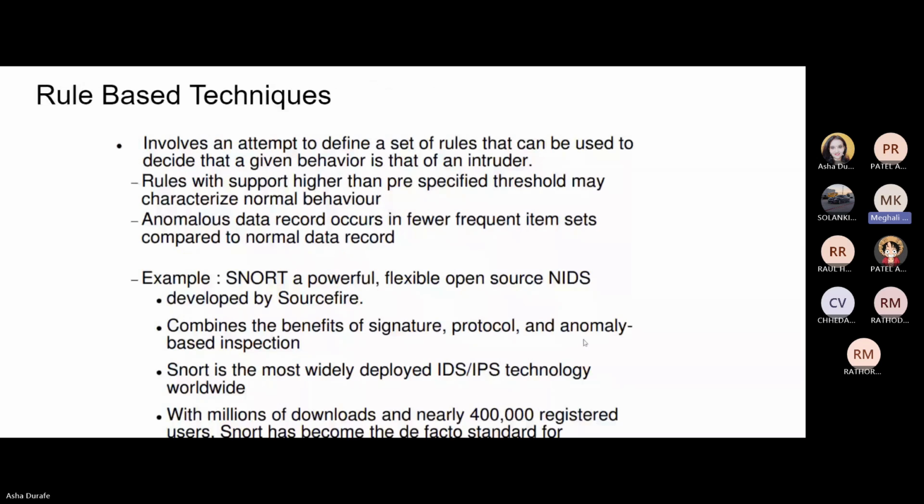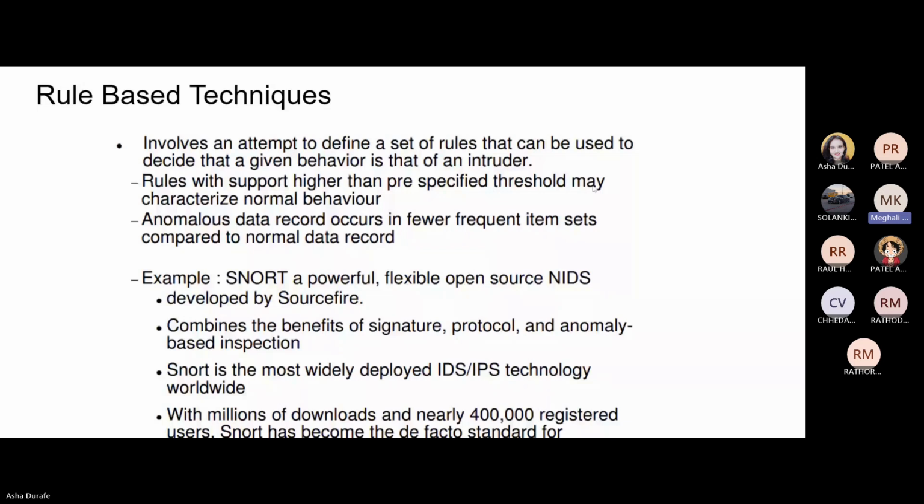Then we have rule-based techniques. Here you have to attempt to define a set of rules that can be used to decide that a given behavior is that of an intruder. There are various techniques available, like the Snort tool, which is a flexible open source NIDS environment.